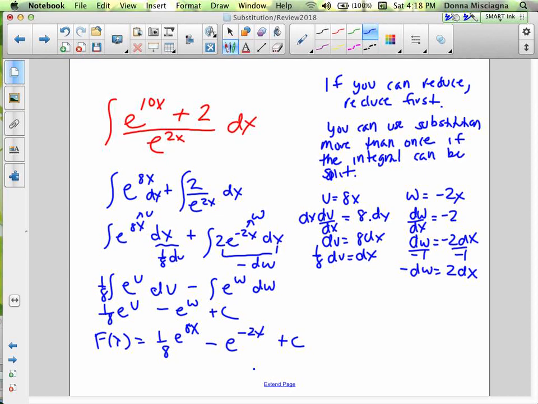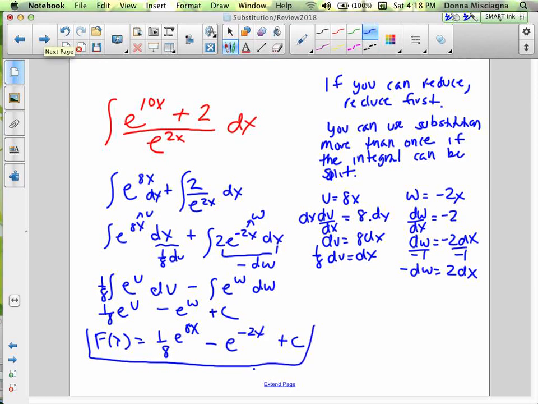And if you took the derivative of negative e to the negative 2x, the derivative of e to anything is just e to that power. So it would be negative e to the negative 2x. The derivative of negative 2x is a negative 2. So negative 1 times negative 2 gives you the positive 2 that's there. And that's how we got the 2e to the negative 2x. And there you go. This is our answer.